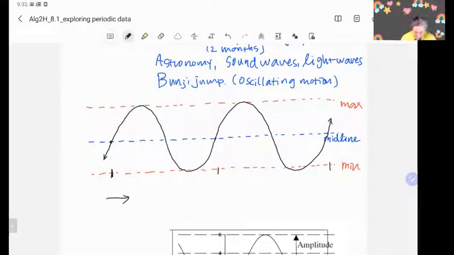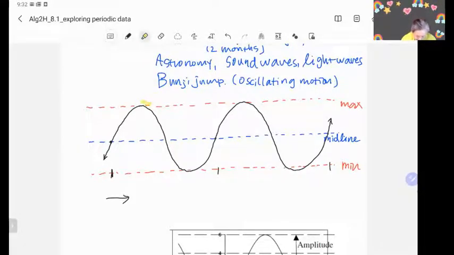The way we indicate it is the arrow at both ends, right? Now we can consider one repetition, and then we make a rule.